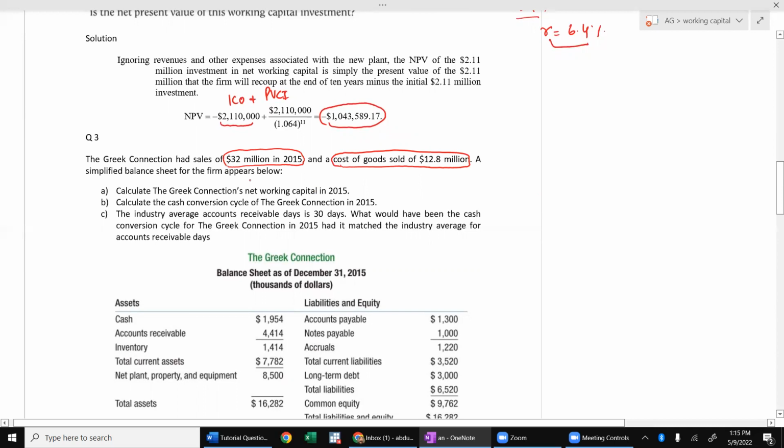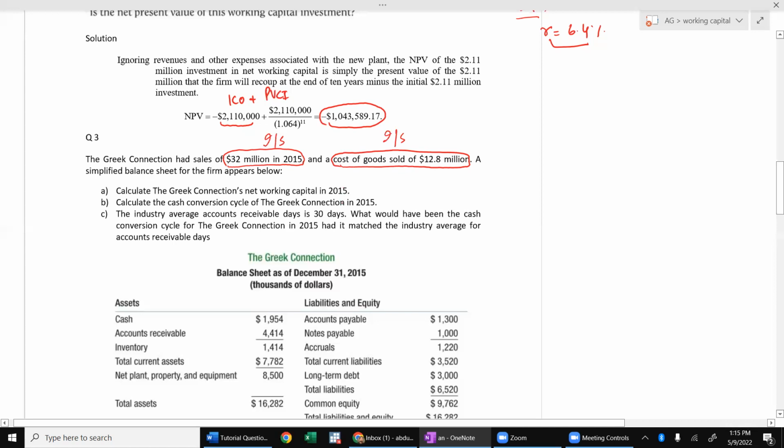It means they have not given you the income statement. Questions may also give you the income statement information, from which they have given you the sales and the CGS. So this is all we need from the income statement.